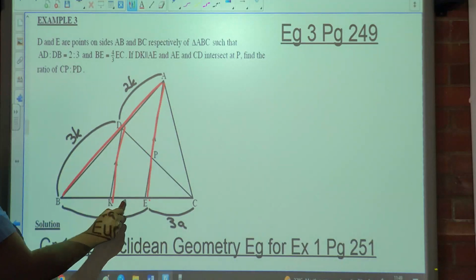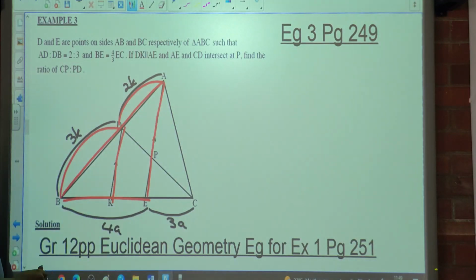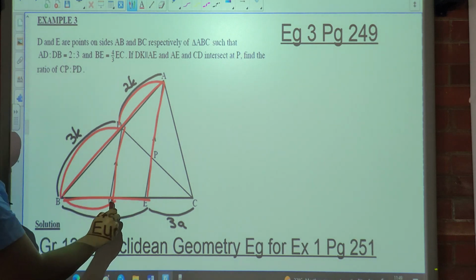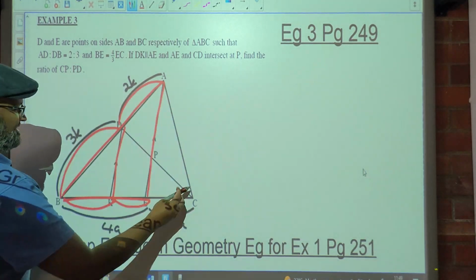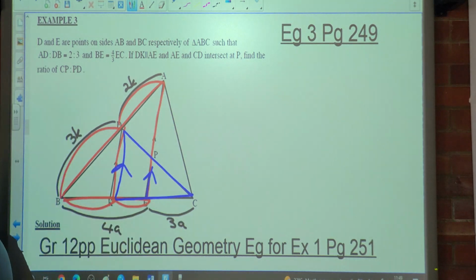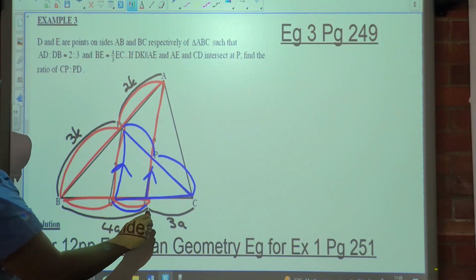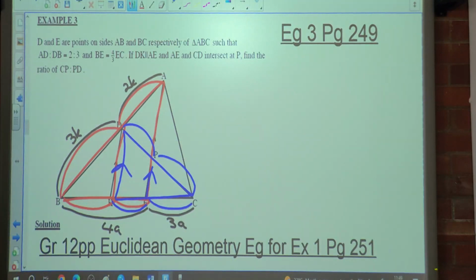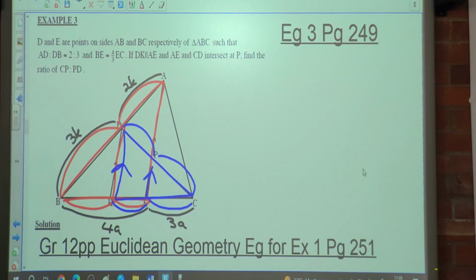If that is the triangle you're looking at, then we can say that BD over DA is equal to BK over KE, and all these variations. If you're looking at this triangle with those two parallel lines in it, then what can we say? DP over PC is equal to KE over BC, and all these variations that come with it. Okay, you all understand? Is there any confusion there? No.